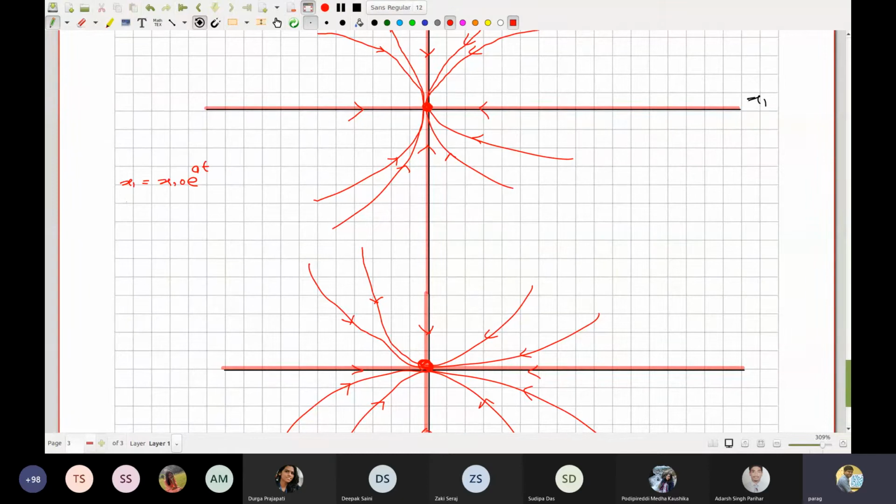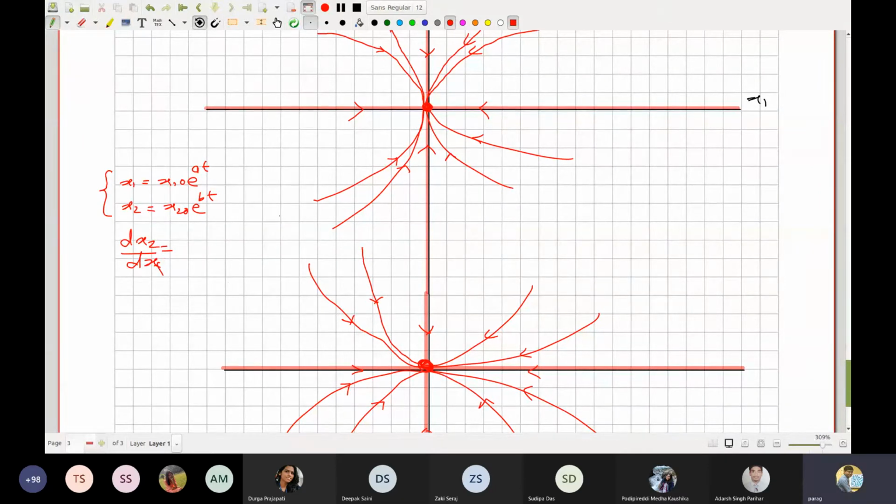And x2 equals x20 e to the power bt, right? So from these two, what you will find is dx2 by dx1.